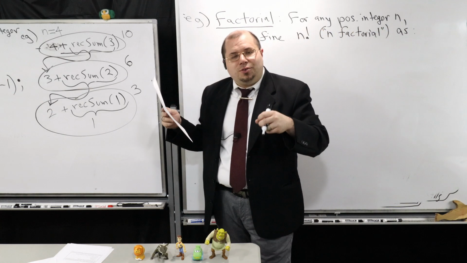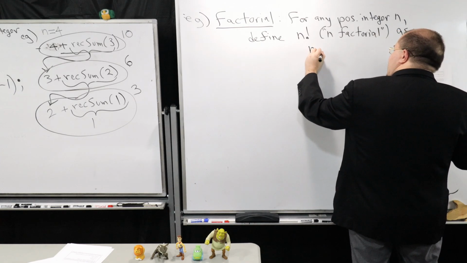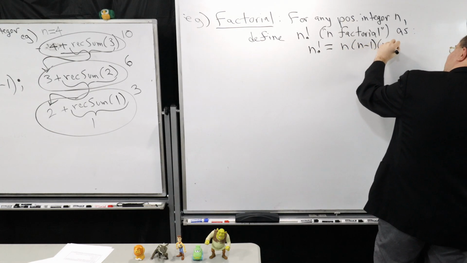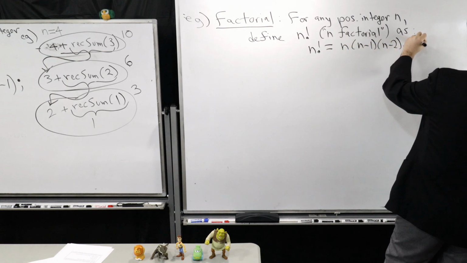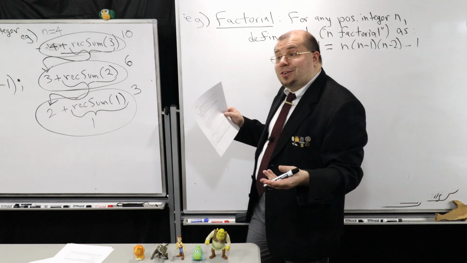You might know n factorial as n times n minus 1 times n minus 2 times all the way down to 1. So that's one way to define factorial.